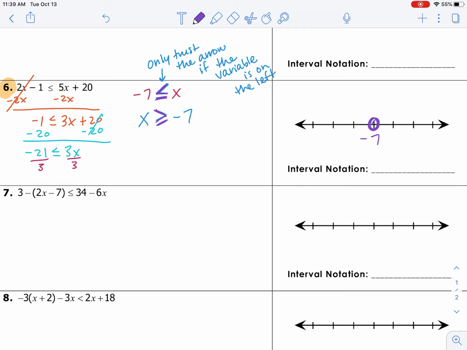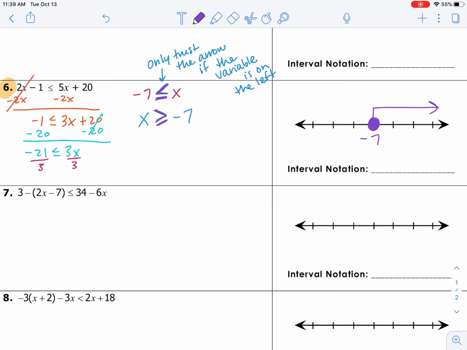Negative 7, we're going to use a closed circle because we have or equal to underneath, and we're going to go to the right because the arrow is pointing to the right. If you solved your problem differently than the way I solved mine, as long as you have this and this the same as mine, then you are good to go.